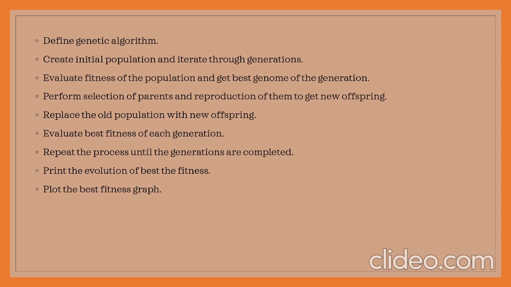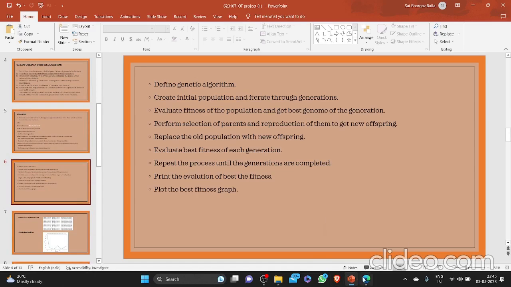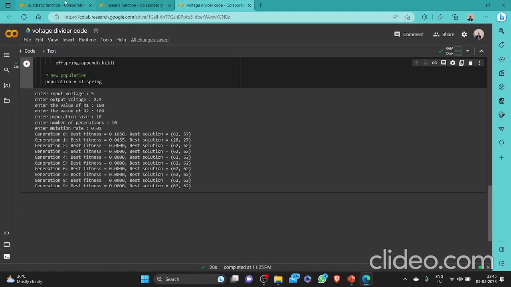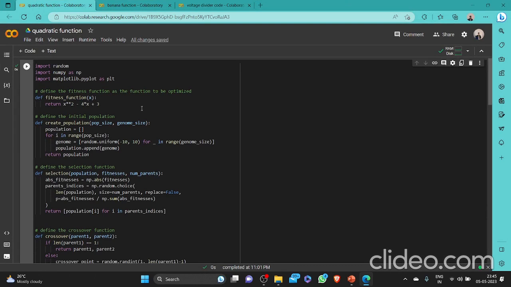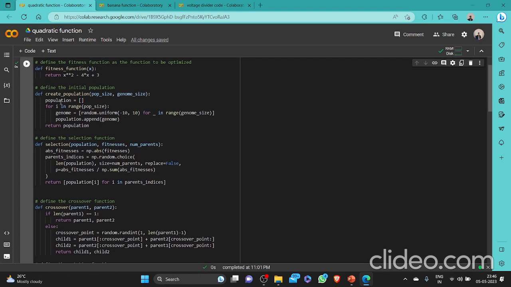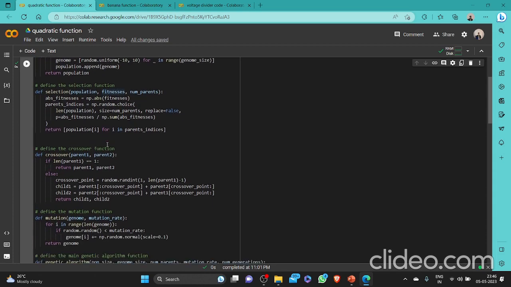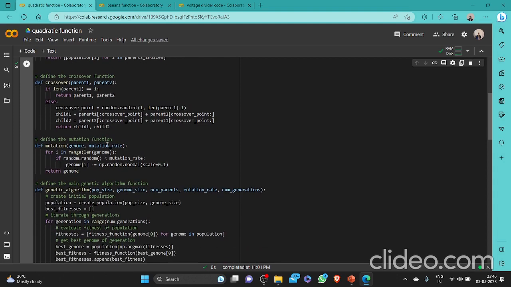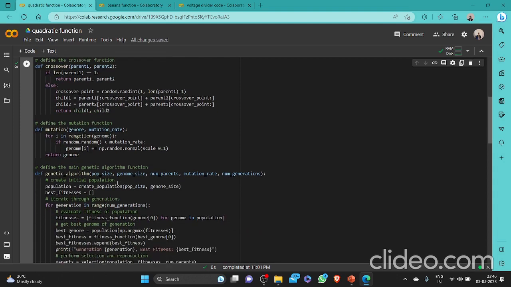Let us see the graph for this one. See, from here we define fitness function, defined initial population, defining selection function, crossover function, mutation function and genetic function.